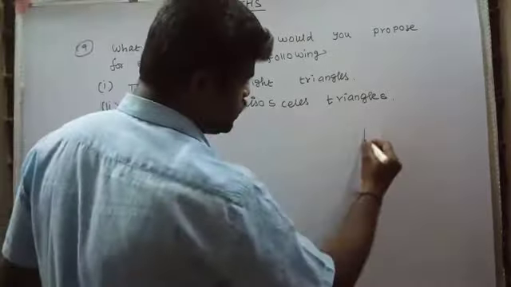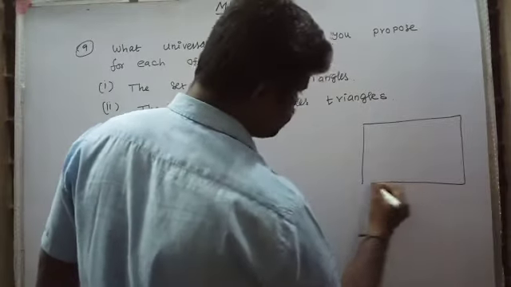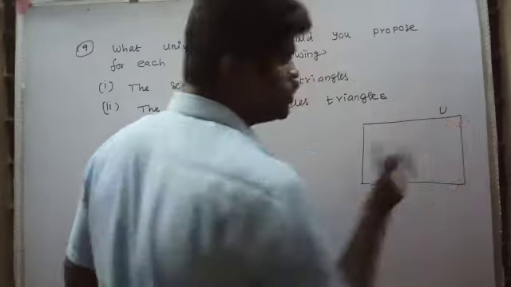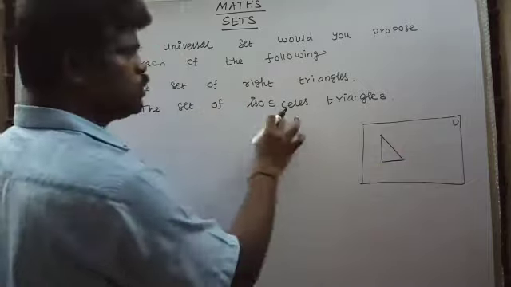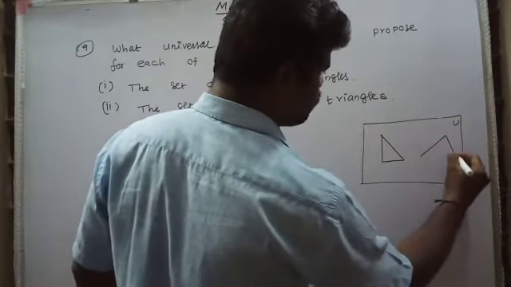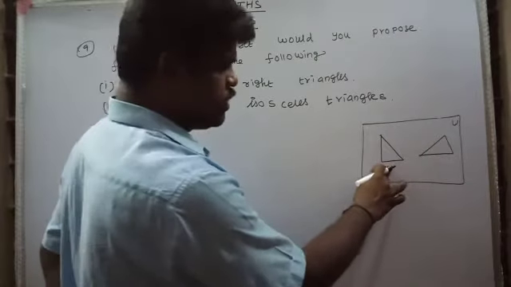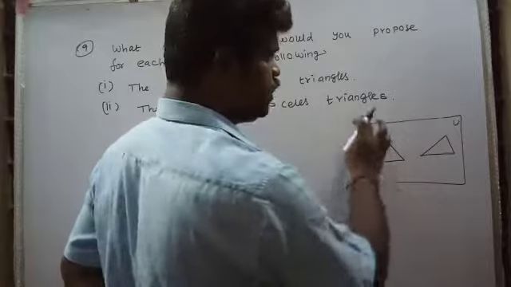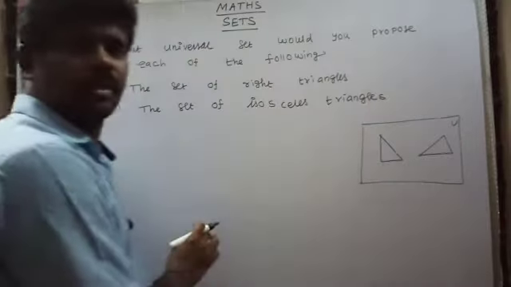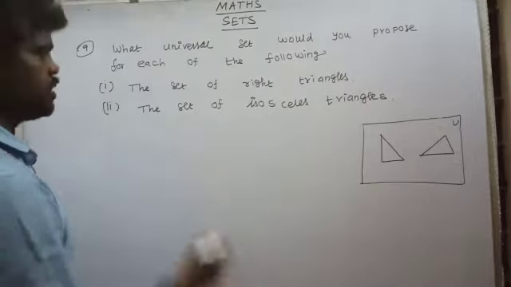So let us consider the universal set U. This is U, and you can write U here, and take the set of all triangles, and number 1 is right triangle only, and number 2 isosceles triangle. So both triangles have the same big universal set, the set of all triangles.